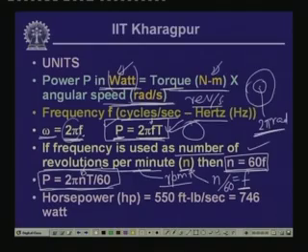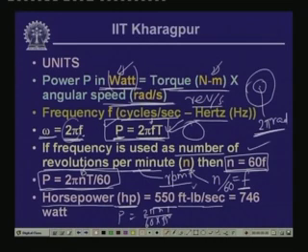Now, sometimes in FPS units we define the power as the horsepower. Now, 1 horsepower is equal to 550 foot pound per second. So, if you write power in terms of horsepower, then T we write in terms of foot pound, and we get an expression that P is equal to 2 pi N T by 60 into 550.